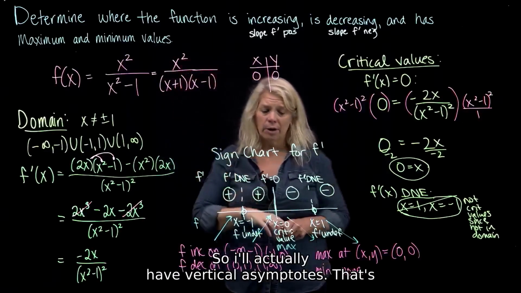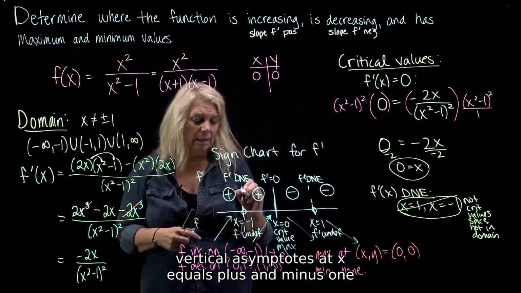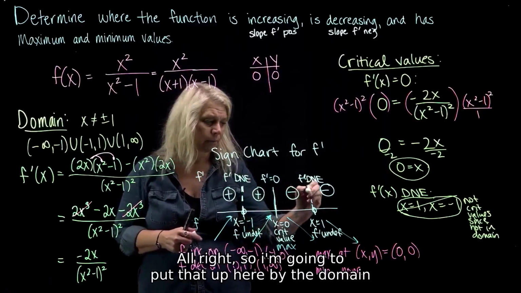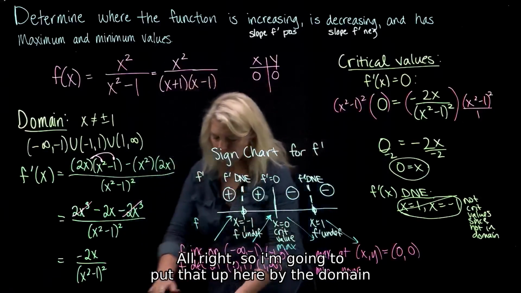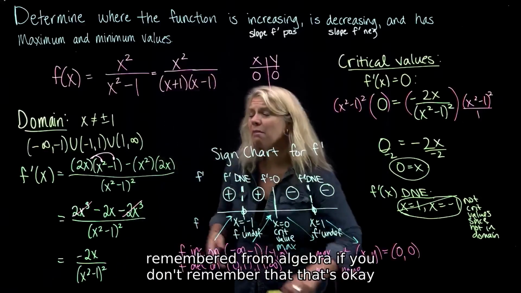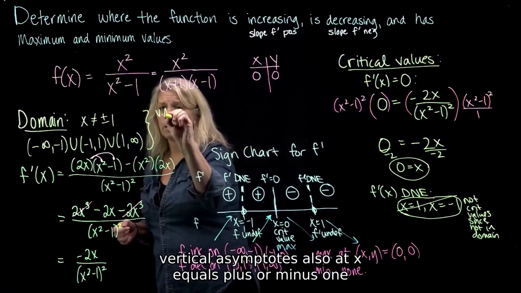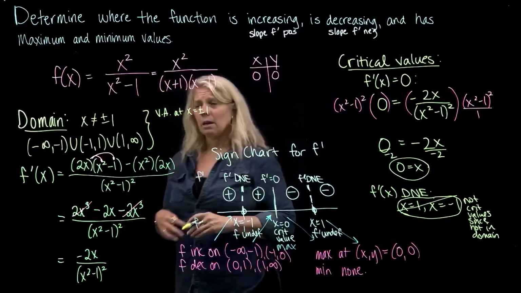So I'll actually have vertical asymptotes. That's why I used dashed lines here, actually. Vertical asymptotes at x equals plus and minus 1. Right, so I'm going to put that up here by the domain. This is just stuff that you would have maybe remembered from algebra. If you don't remember that, that's okay. Vertical asymptotes also at x equals plus or minus 1.